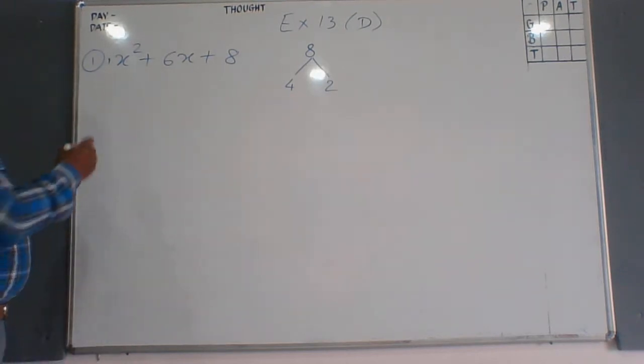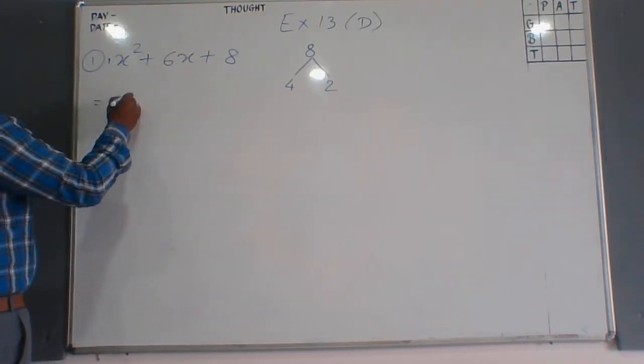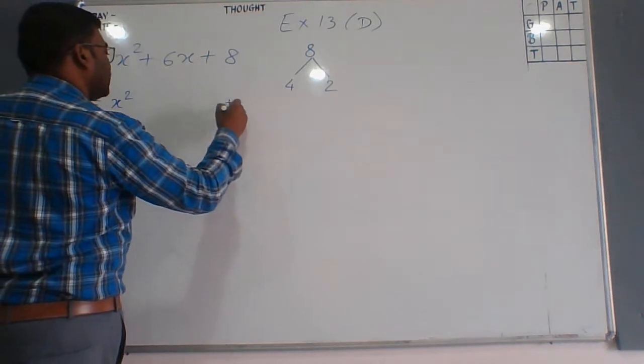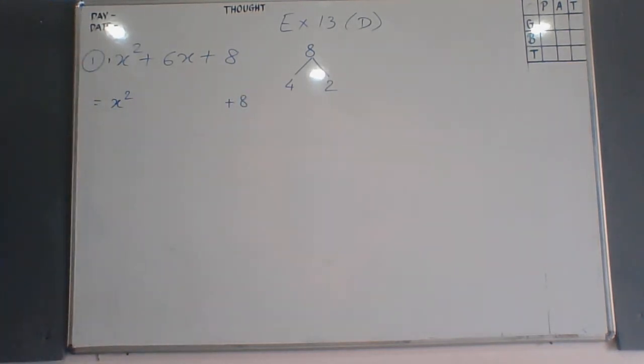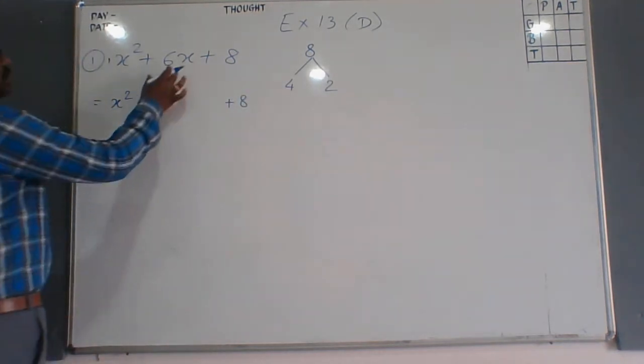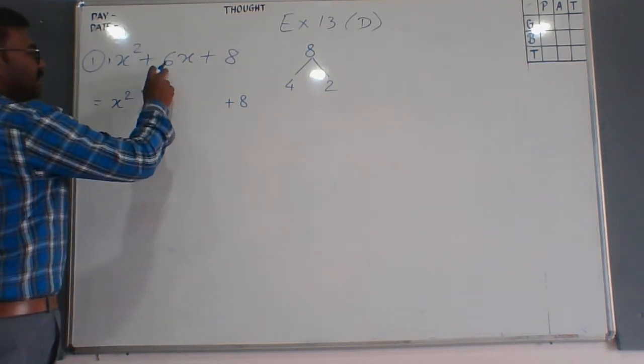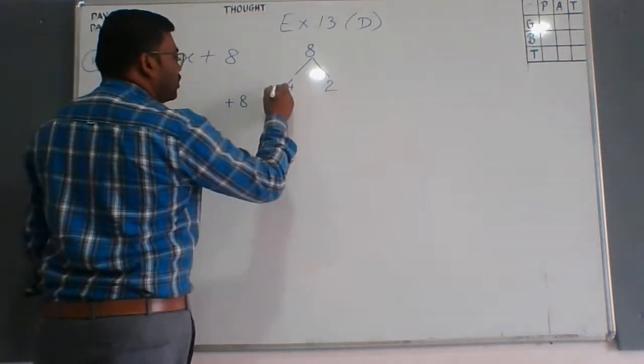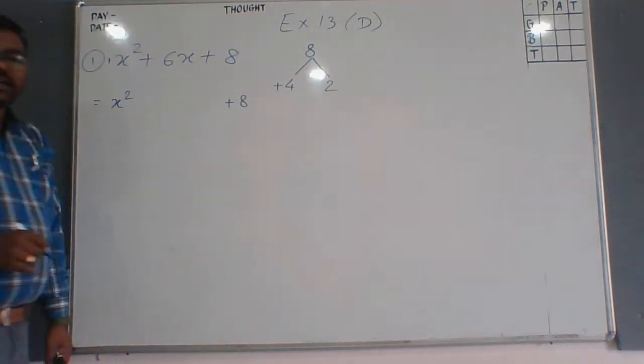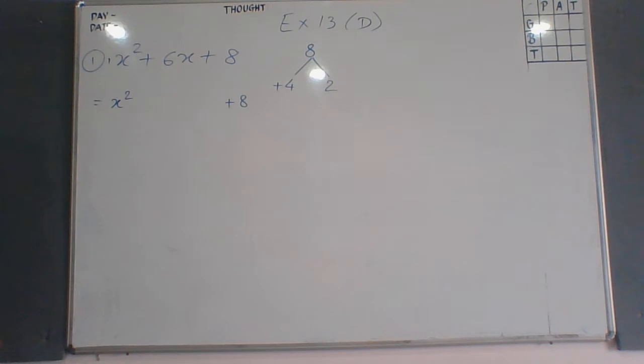Now see what the procedure is here. The first term and the last term we will write as it is. The sign of the middle term is 6x positive. Always the sign of the middle term is given to the greater factor.